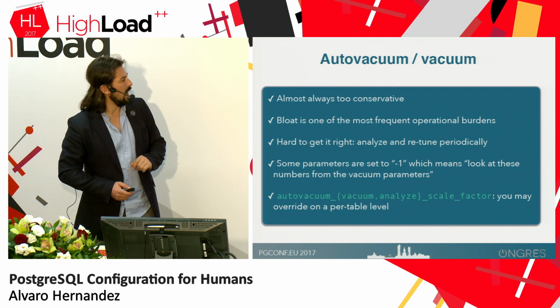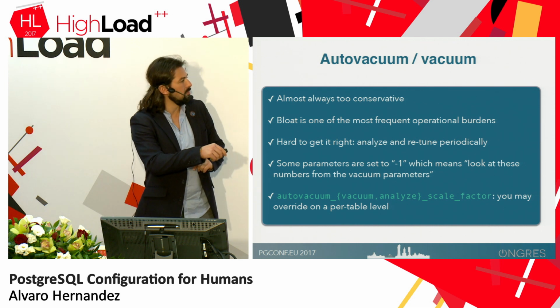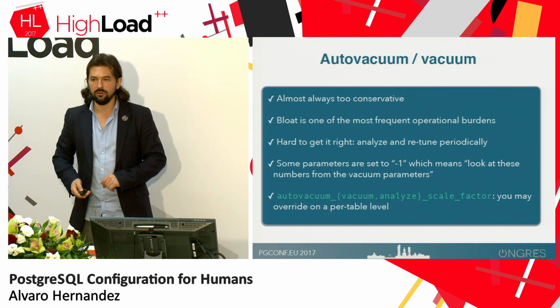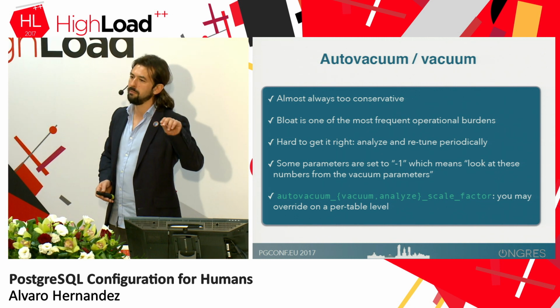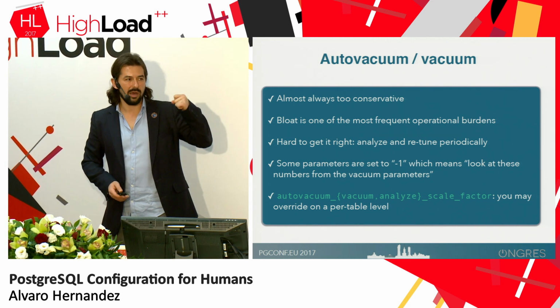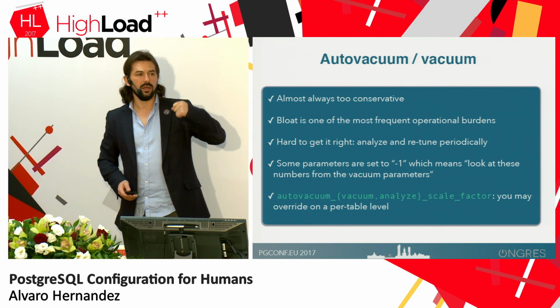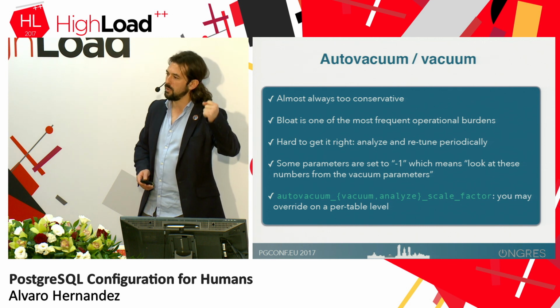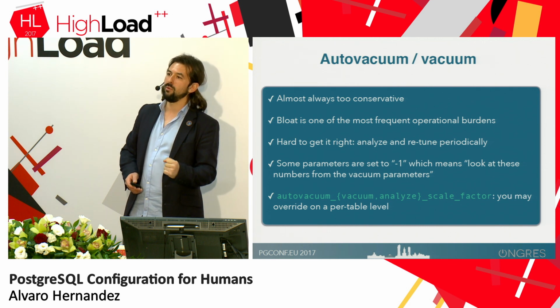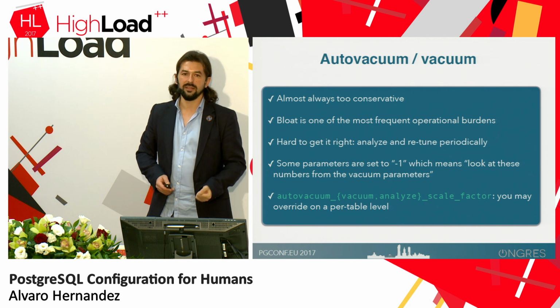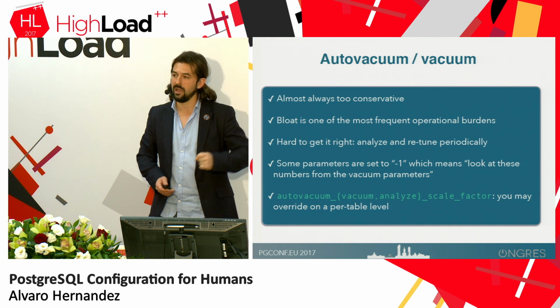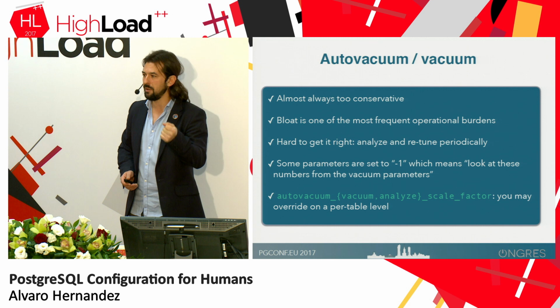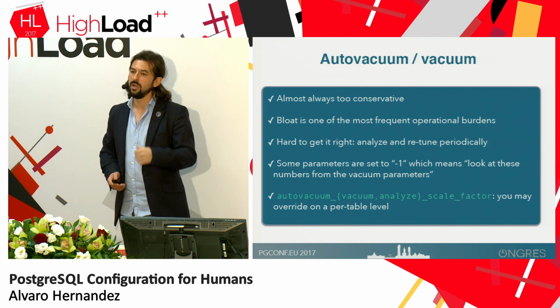By the way, the autovacuum vacuum or analyze scale factor is also a parameter I recommend setting by table. This is basically a parameter that says when a given number of tuples have been dirtied on a table, we will fire autovacuum there. And this parameter may change from table to table. You may want this on heavily updated tables to run faster than others.